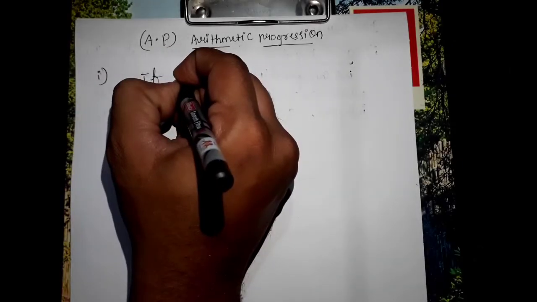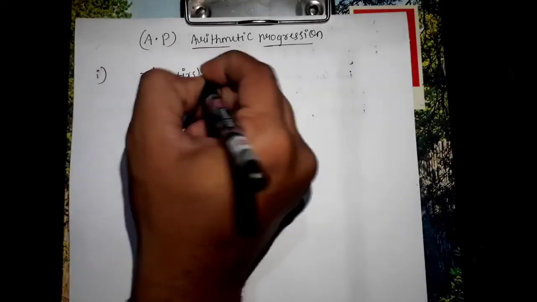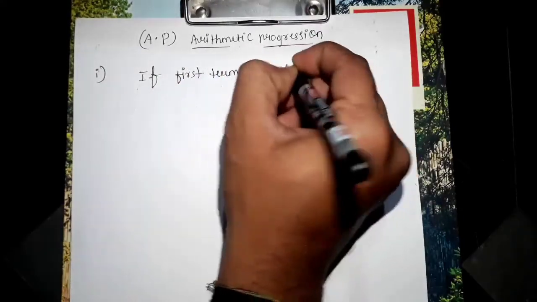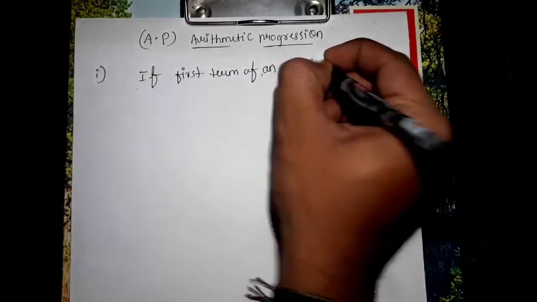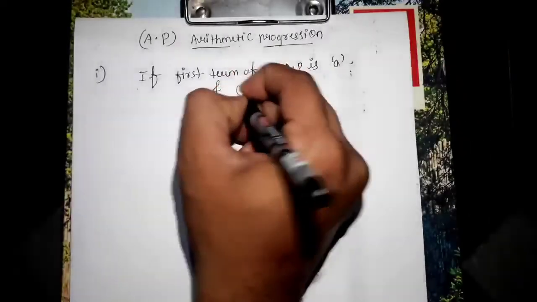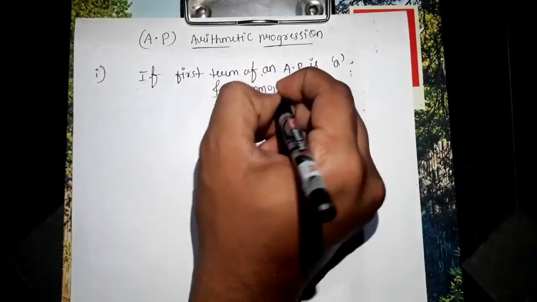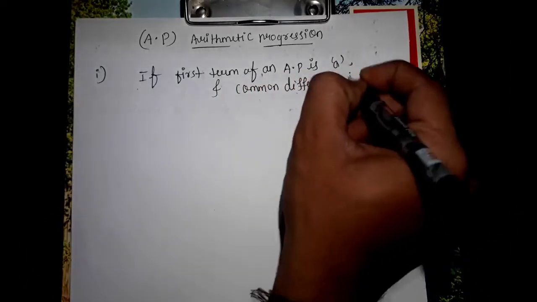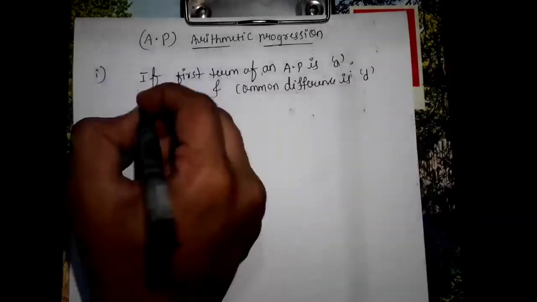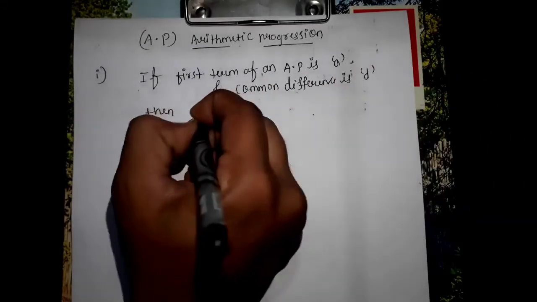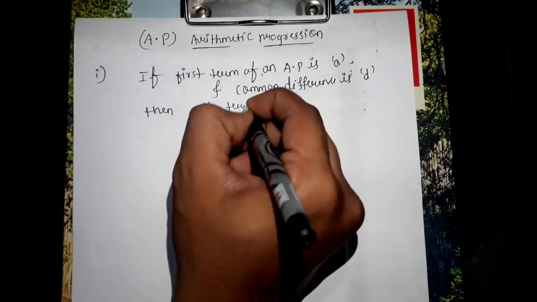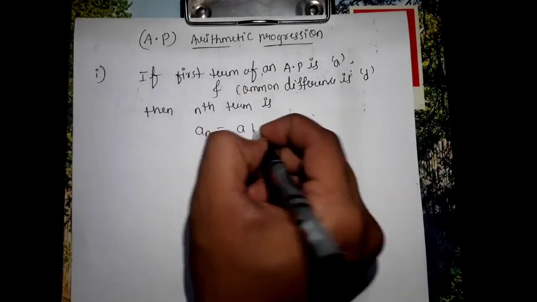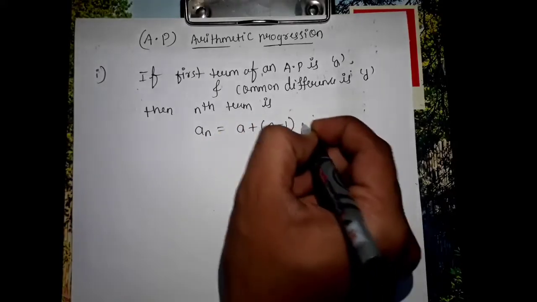If the first term of an AP is a and the common difference is d, then the nth term is given by an equal to a plus n minus 1 into d.